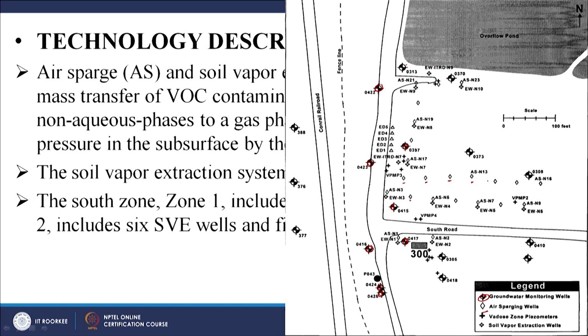Obviously we also looked at a particular example in our case, and I believe there we chose a case where you had one extraction well, and based on the radius of influence, which we deemed to be where the pressure drop was 1 inch of water, we looked at the radius of influence and put one particular well in.